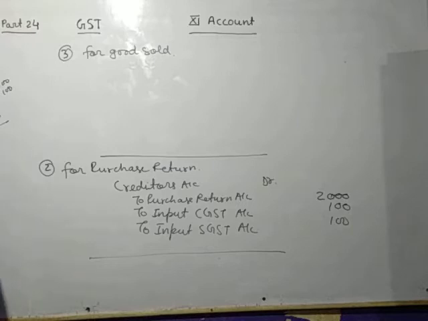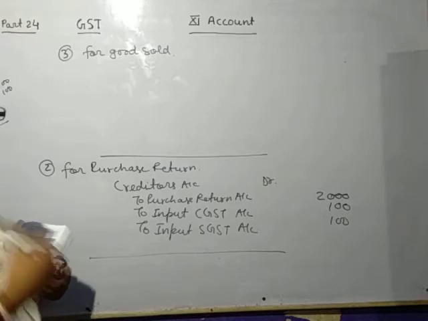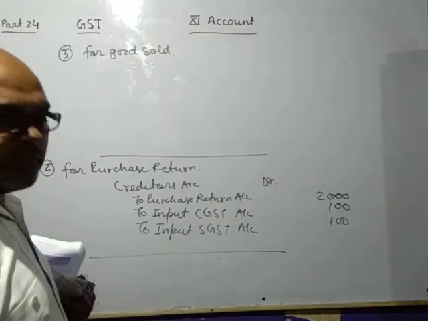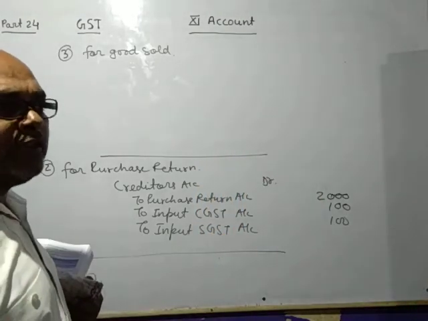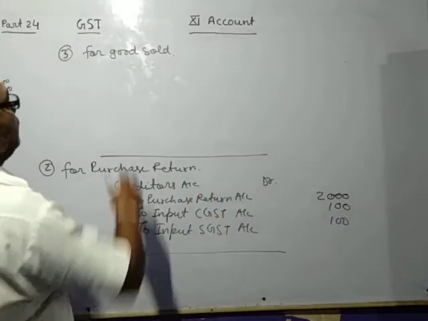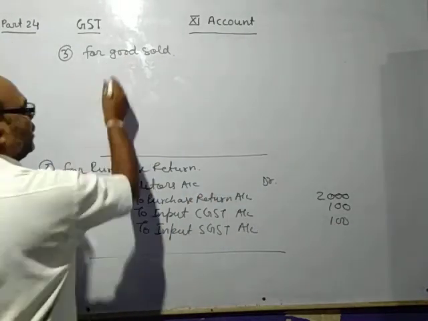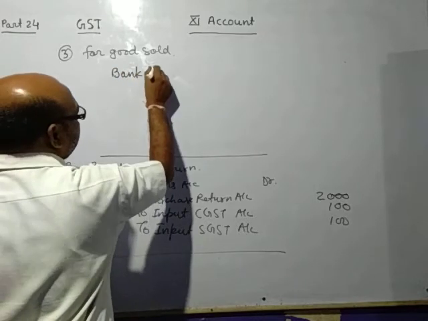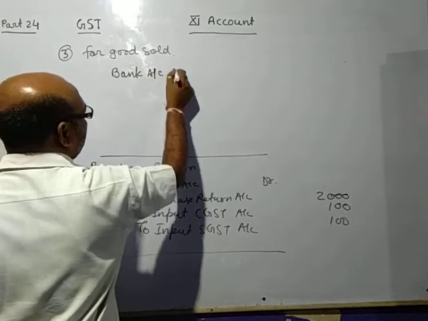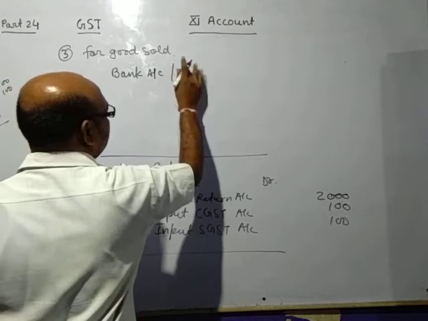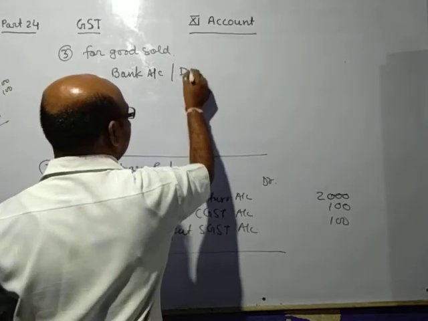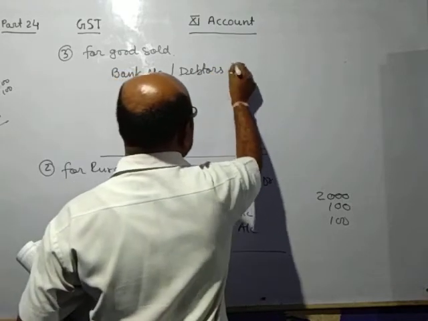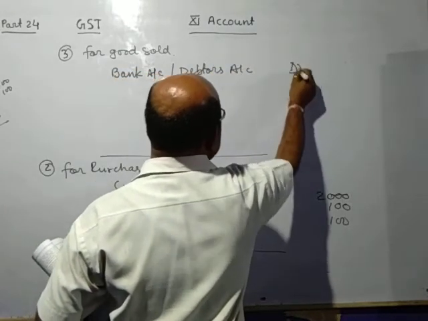Now you have goods of 8,000 and you sell these goods of 8,000 to the customers at the price of 12,000. When you sell the goods, you will write bank account debit if it is a cash transaction, or debtors account debit if it is a credit transaction.